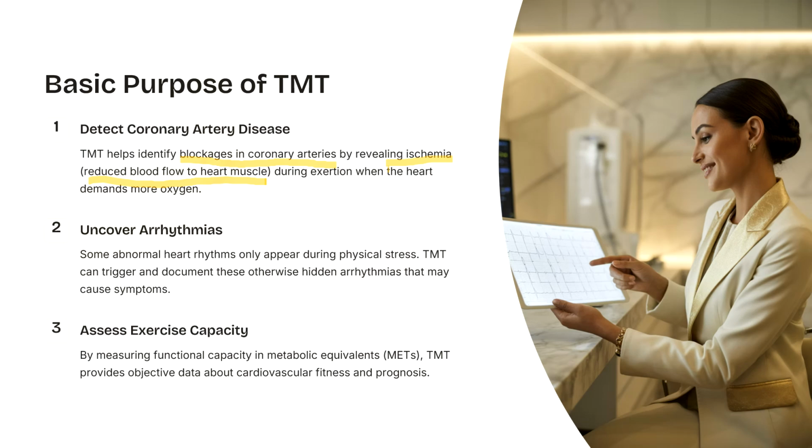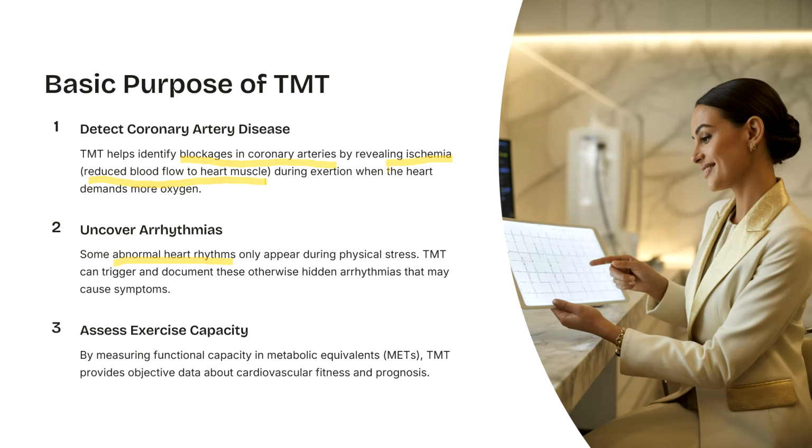Next, it uncovers arrhythmias. Arrhythmia is just the opposite of rhythmic. Our heart has a normal rhythm, but if there is a problem in the cardiac muscle or the activities of the heart, then there will be arrhythmias or some abnormal heart rhythms. So TMT can trigger and document this otherwise hidden arrhythmia that may cause symptoms.